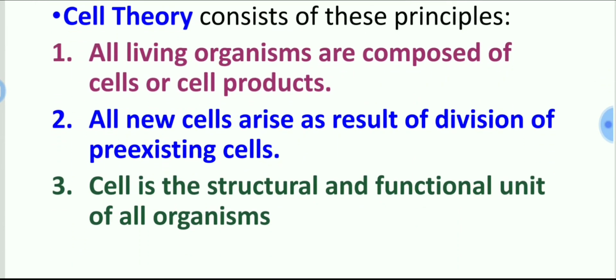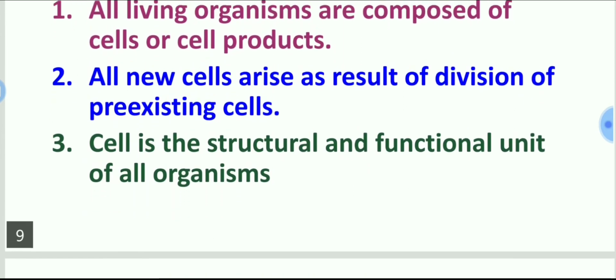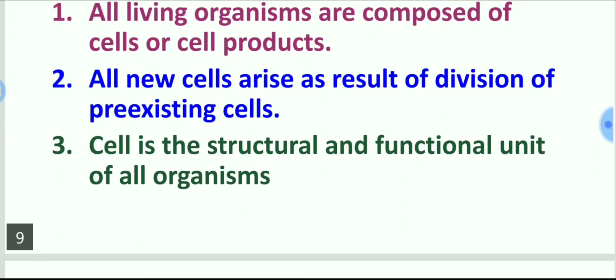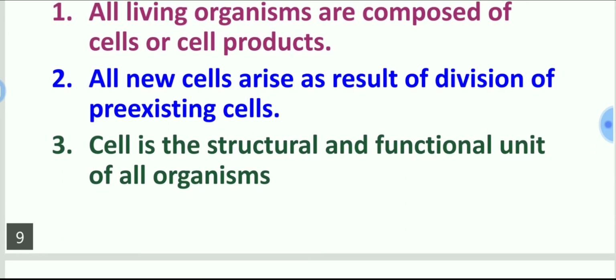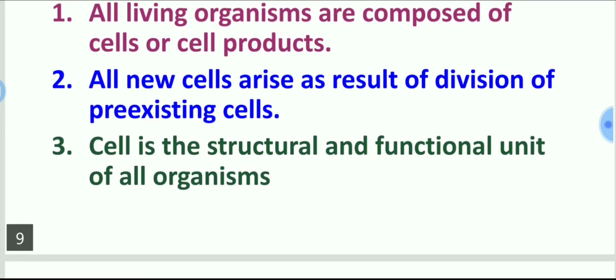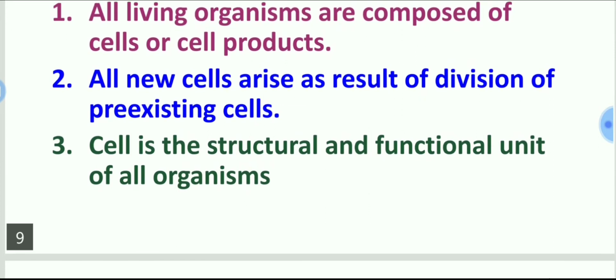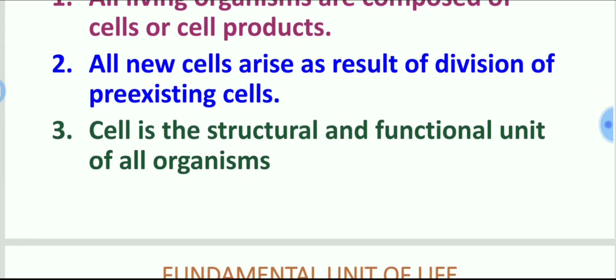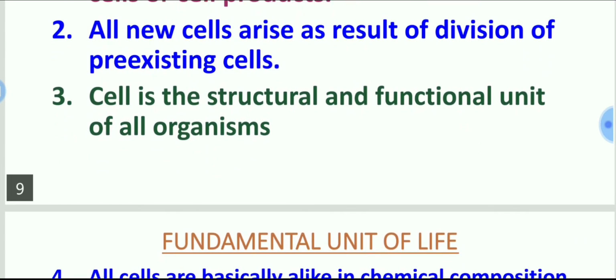Now the cell theory consists of these principles. The first, all living organisms are composed of cells or cell products. You can comment what is meant by cell product. Okay, that is unicellular organisms or multicellular organisms. Second, all new cells arise as a result of division of pre-existing cells.